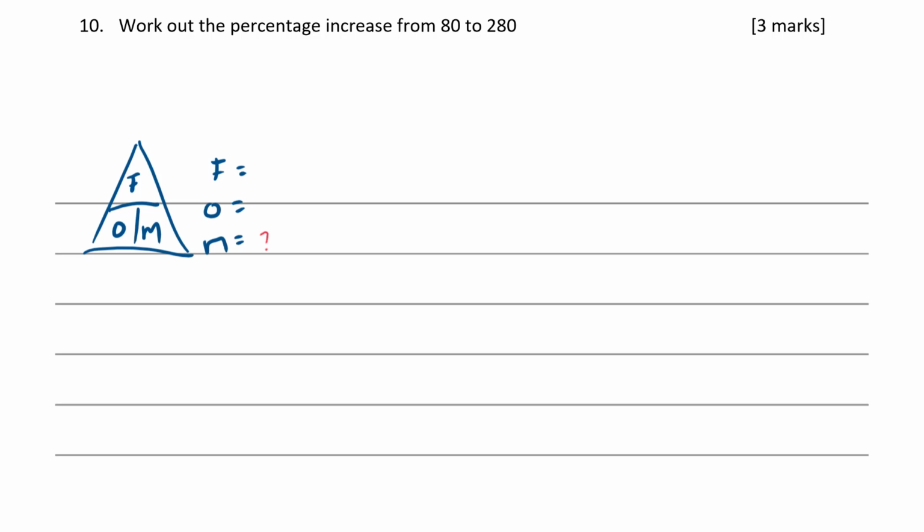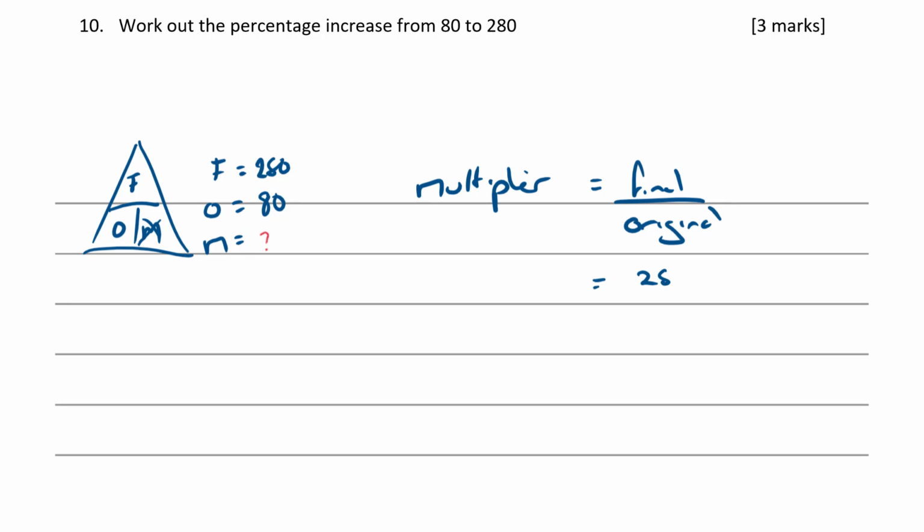And my percentage increases from 80 to 280. So it was originally 80, and it becomes 280. So the final is 280. Okay, so then using the triangle, covering up the thing I want to find, the multiplier, the multiplier is equal to the final divided by the original. Multiplier equals final divided by original, which is 280 divided by 80.